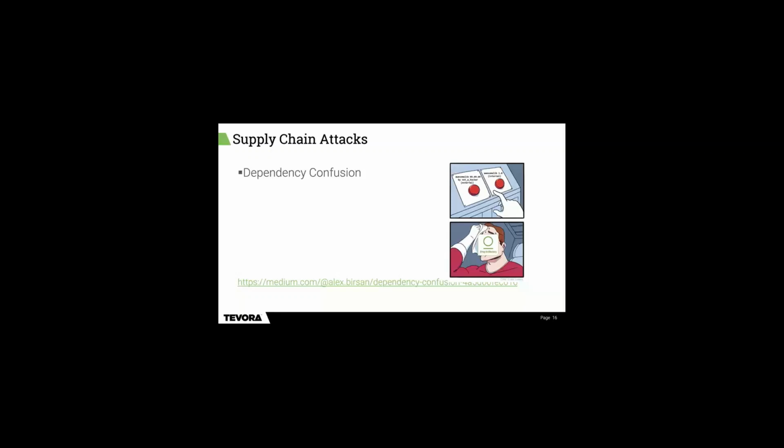If they're not using absolute file path names to those internal packages, if they're just using the package name and relying on npm, for example, to resolve that name to a local directory, and that's not a registered instance on the public repository, someone could register that instance and now shadow it. Every time a developer installs something, it's basically running arbitrary code from whoever registered the public repository on their computer. And this has been pretty scary.